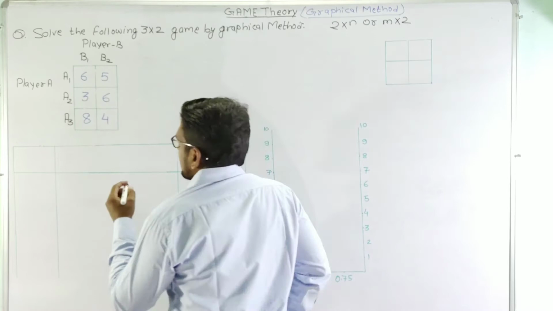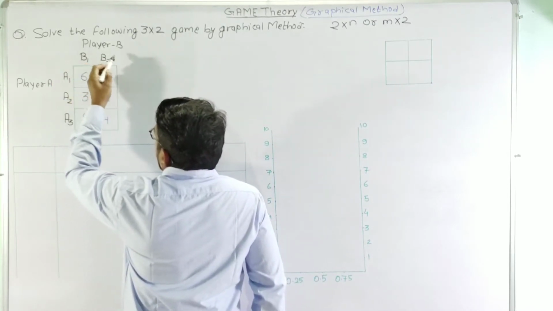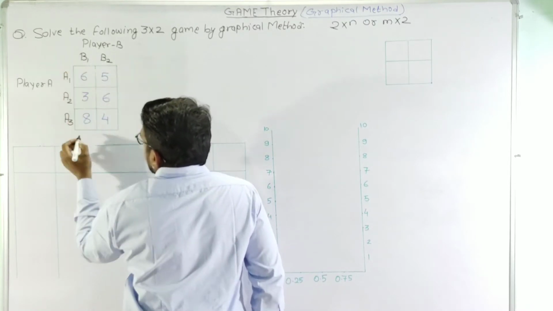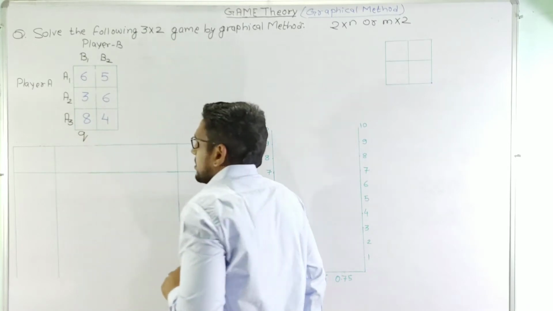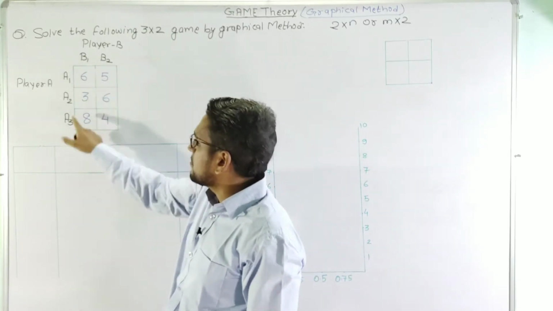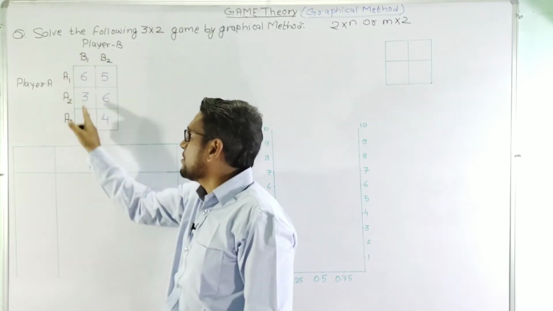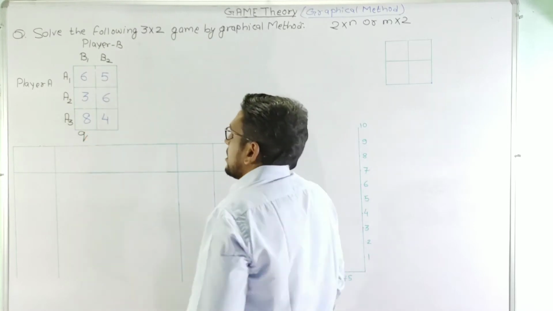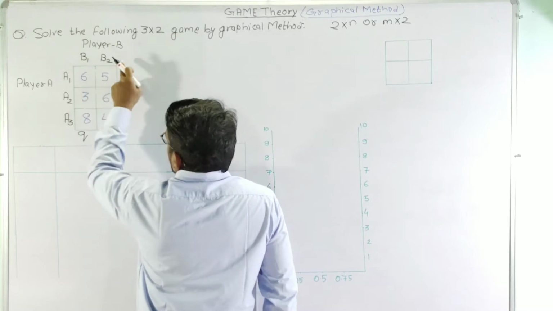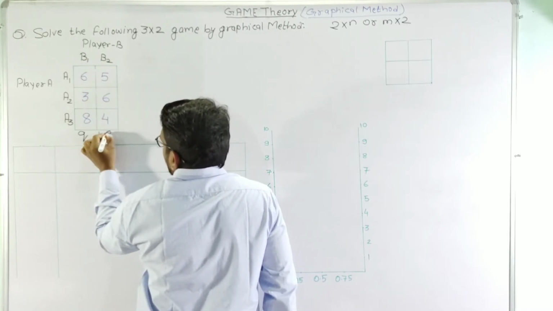So let us say the probability of player B playing strategy B1 is Q, that is, player B plays strategy B1 Q% of the time. Then automatically, because player B has only 2 strategies, the probability of player B playing strategy B2 will be 1 minus Q.